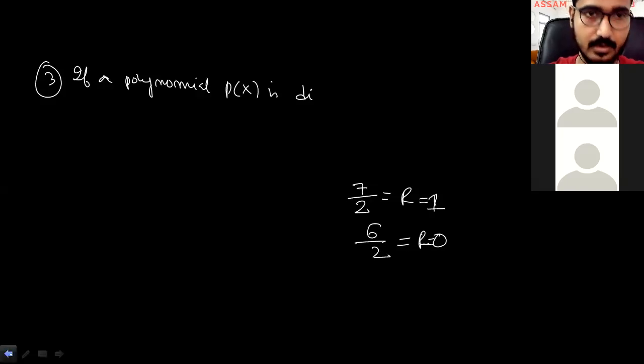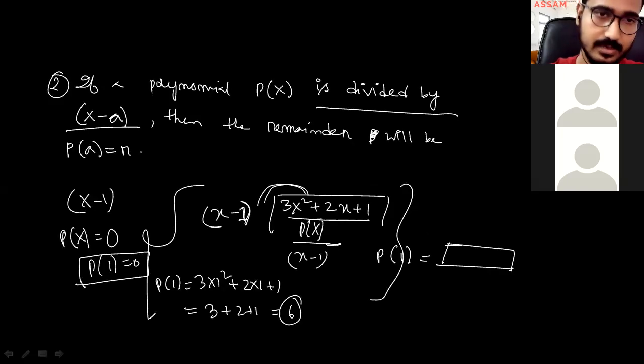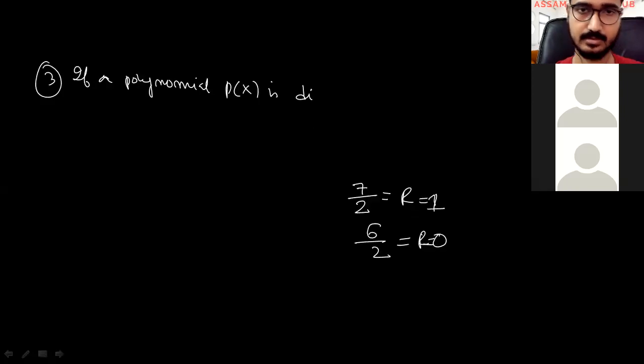This is the meaning. When polynomial P(x) is divided by this one, it may have a remainder or it can be completely divisible also. But when it is directly given that it is divisible, that means there is no remainder. Divided by 2 does not mean it is completely divisible; it means you have to divide 7 by 2.